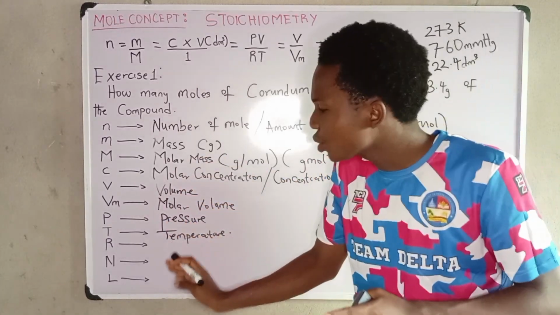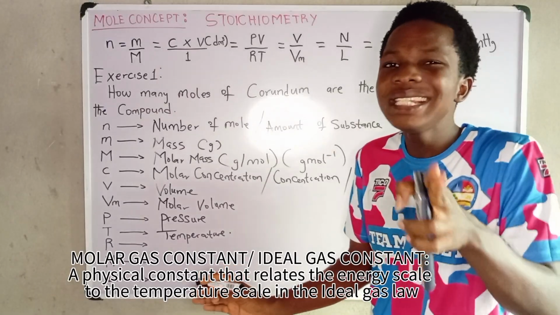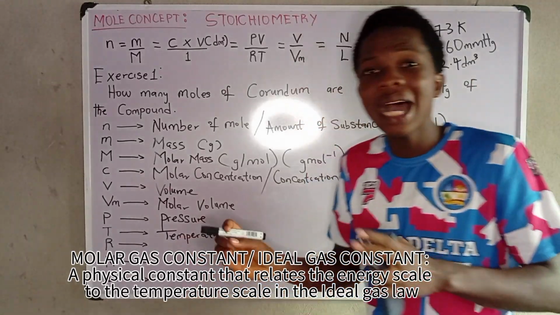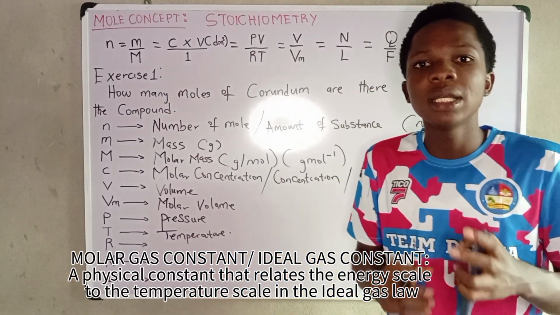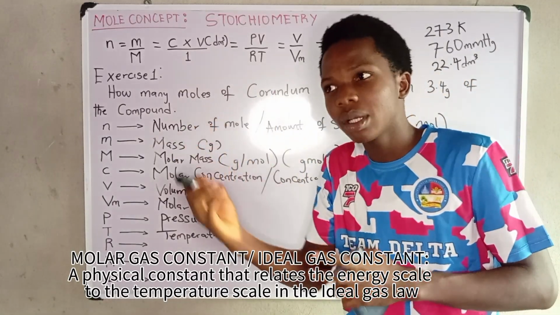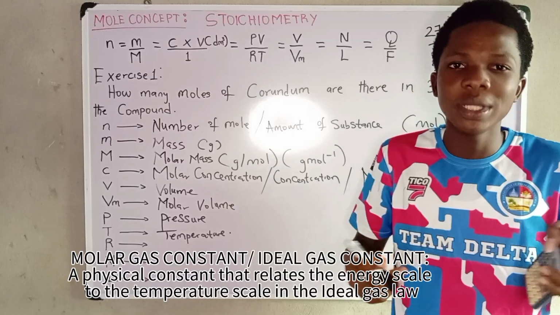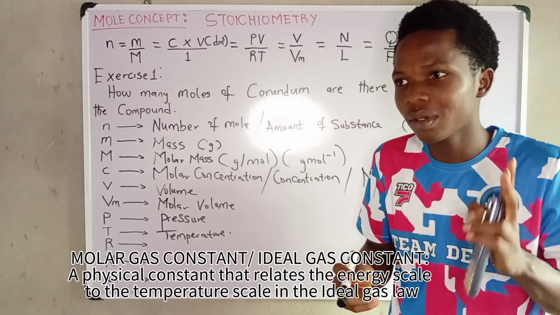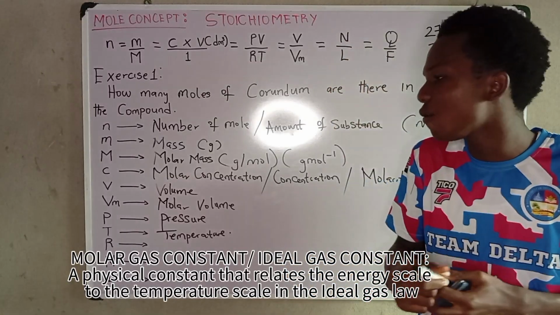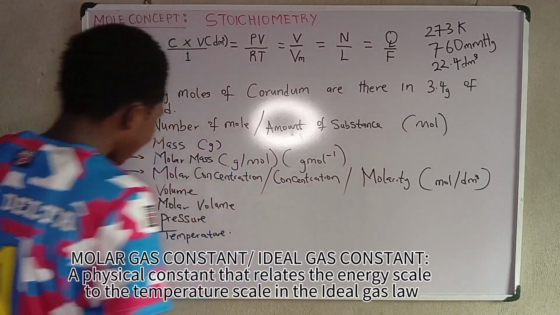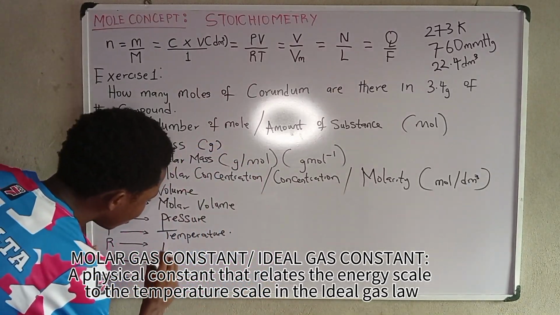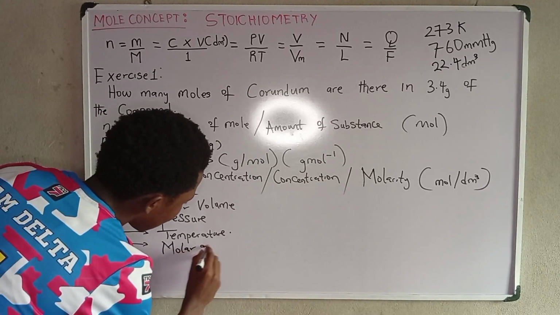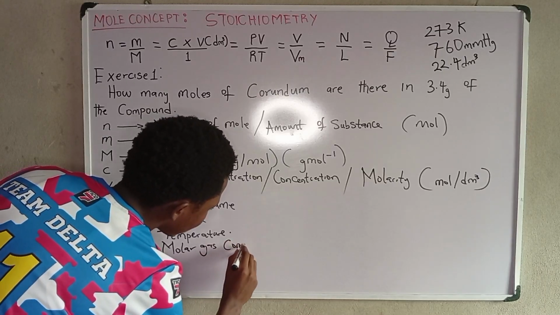The molar gas constant is a physical quantity that relates the energy scale and the temperature scale in the ideal gas law. Take note of this definition, as not everybody will give you a definition for the molar gas constant. This R is used to denote the molar gas constant.